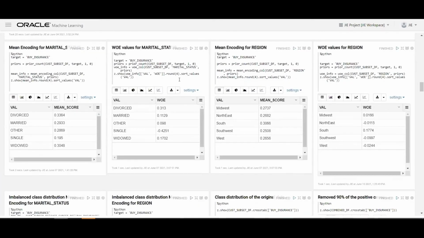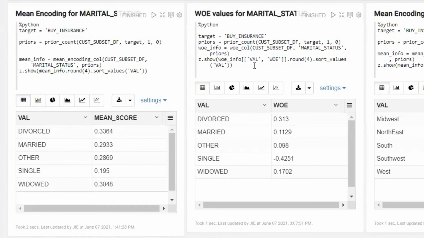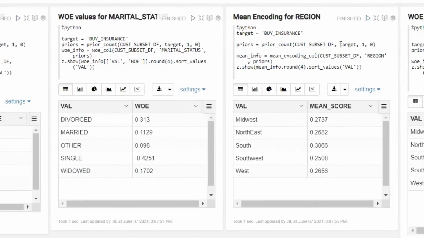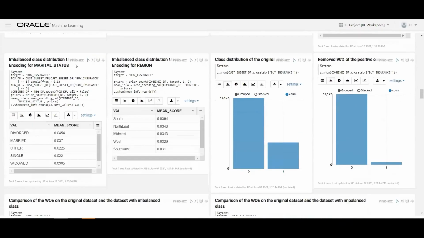So this can provide some contrast through examples of actual columns. We calculate the mean encoding and the weight of evidence values for marital status. You can see the values. And we also pick another column called region, and that gives us an even better idea. Let's see these negative and positive values here compared to the mean score.